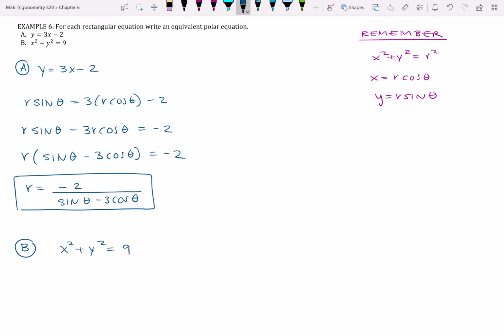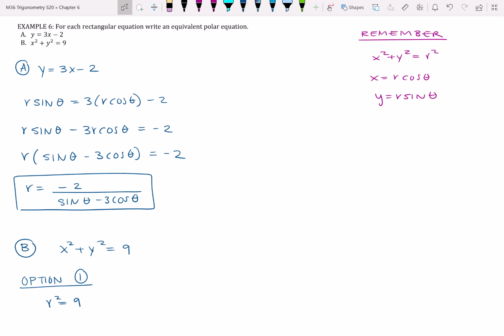It could be, though, if, for example, maybe you don't notice that x squared plus y squared is r squared. For option 1, x squared plus y squared is just r squared. So this is going to be r squared is equal to 9. So there you go. That's one of the ways.